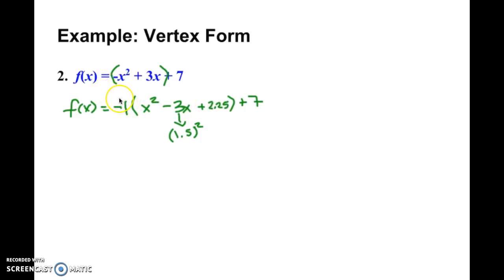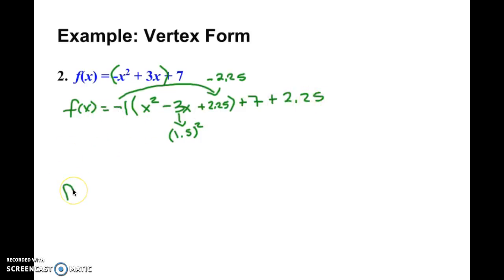Now I have to multiply it by the part that's out here because if I were to distribute, that's what I've really put into my equation. So I had negative 1 times 2.25, which is negative 2.25. And to balance that out, I have to now do the opposite, which is going to be plus 2.25.